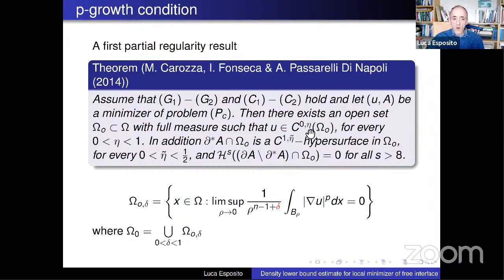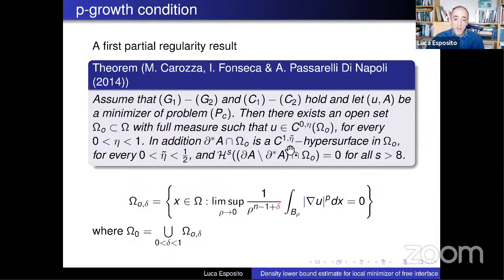So you prove the best you can have. You prove the Hölder continuity with any exponent between 0 and 1, and you prove that the reduced boundary, the interface, is regular up to dimension 8, so it has the same regularity as minimal surfaces.